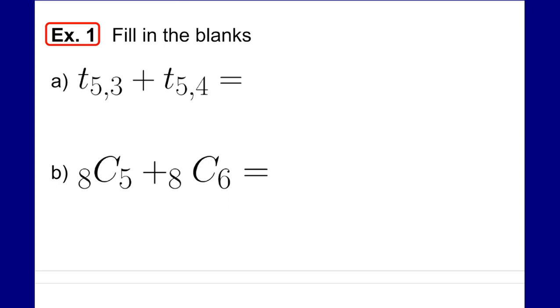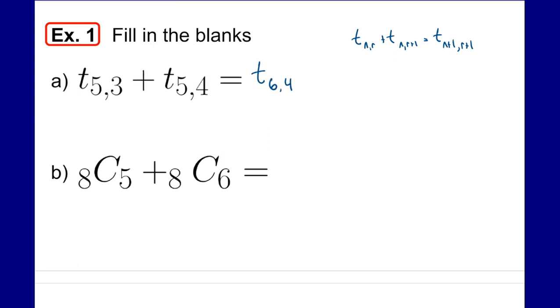Now you could use the general notation for Pascal's method, which was t(n,r) + t(n,r+1) = t(n+1,r+1). So because these are two terms side by side, it's going to equal the row below, so it would be row 6, and position r plus 1, or position 4.